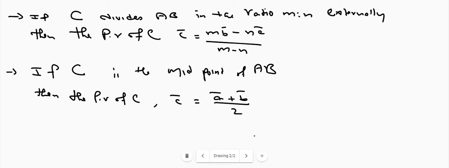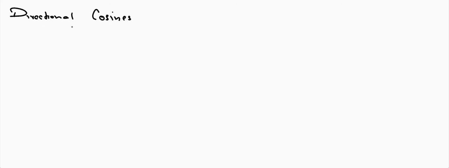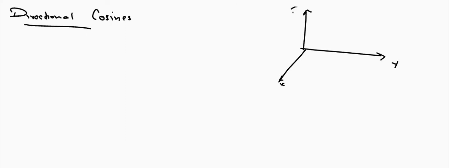Now let us discuss direction cosines. If the x-axis, y-axis and z-axis are three mutually perpendicular lines intersecting at O, let OP vector be any line.